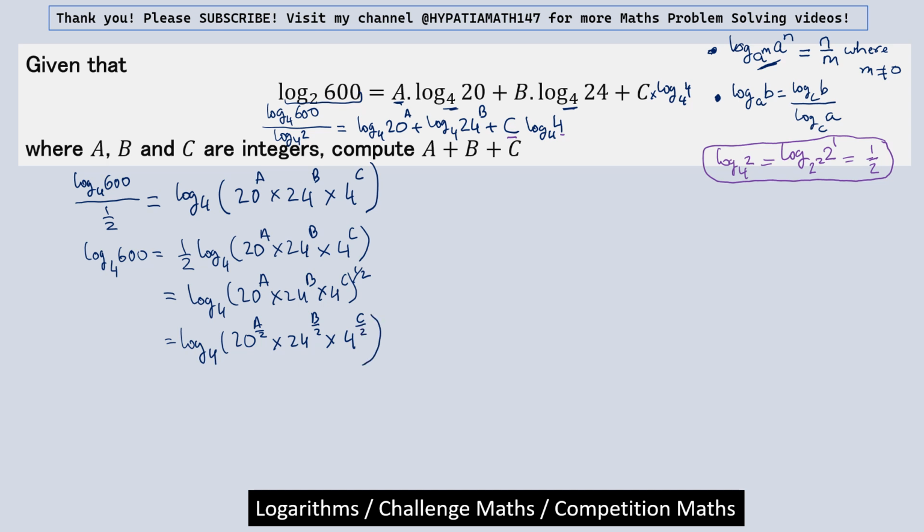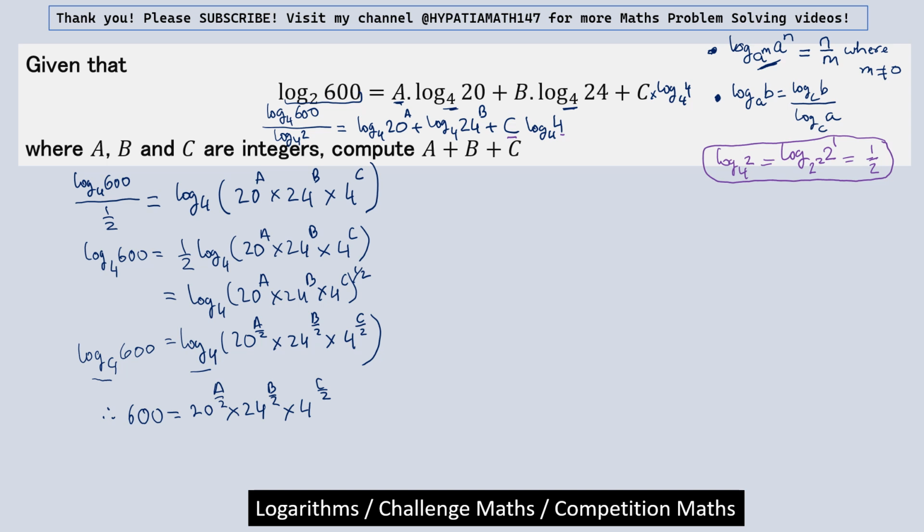Now this is equal to log to the base 4 of 600, so these logs can cancel out. I don't need to write them anymore. Therefore 600 equals 20 to the power a out of 2 times 24 to the power b out of 2 times 4 to the power c out of 2.